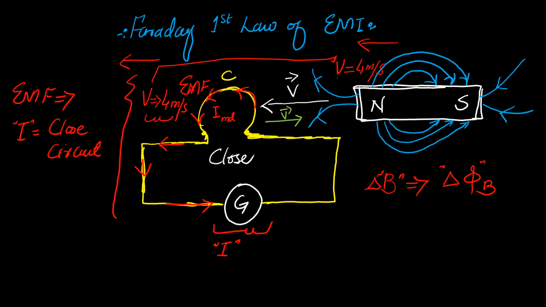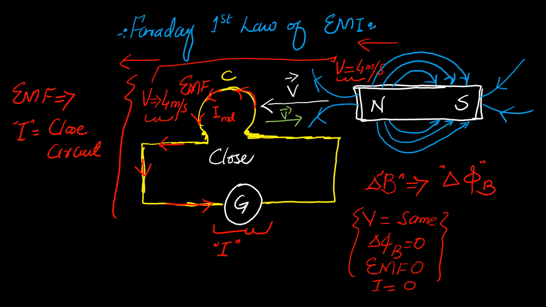Since the velocity of both is the same, there is no change in magnetic flux. In such a situation, the electromotive force induced in a wire will be zero, and the current produced in the wire will also be zero.